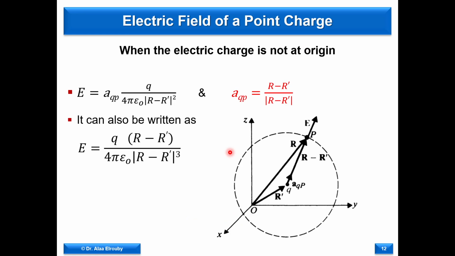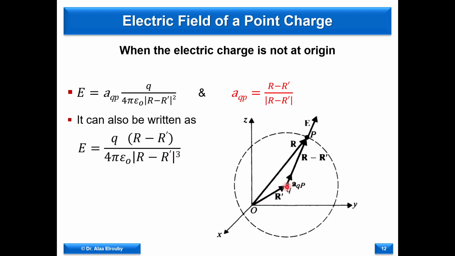Okay, so the simplest problem setup is a point charge at the origin. Now we want to study the case of a point charge that is not at the origin, in an arbitrary position. So the point charge would be at r prime.